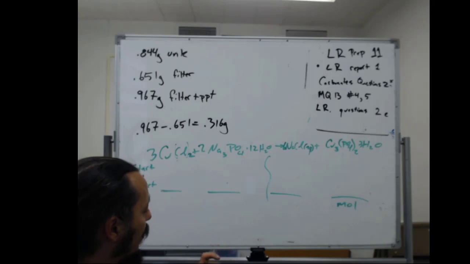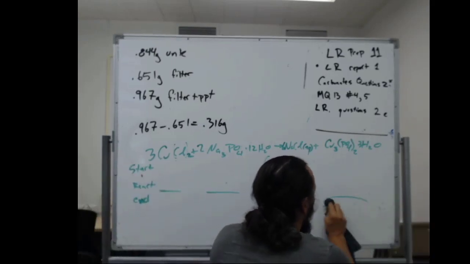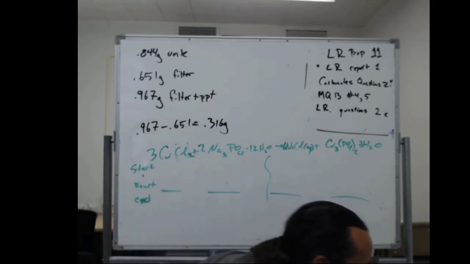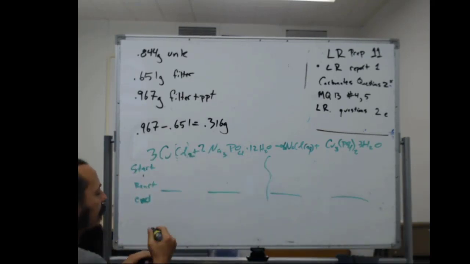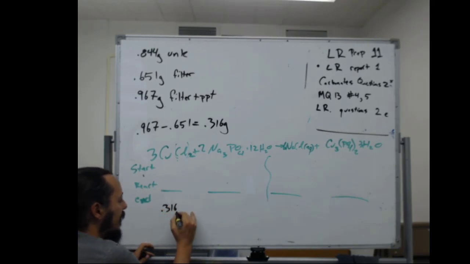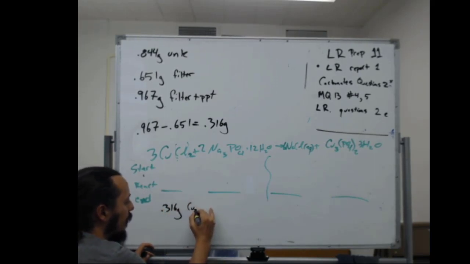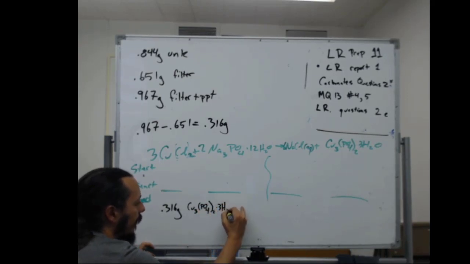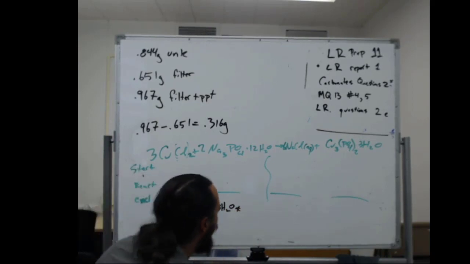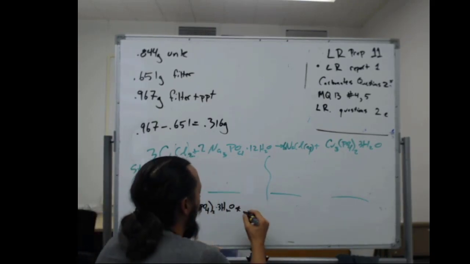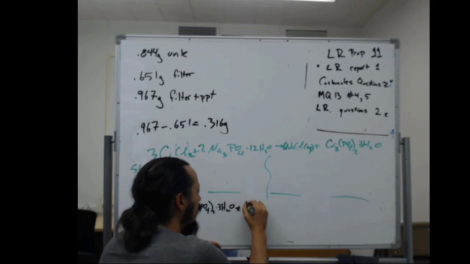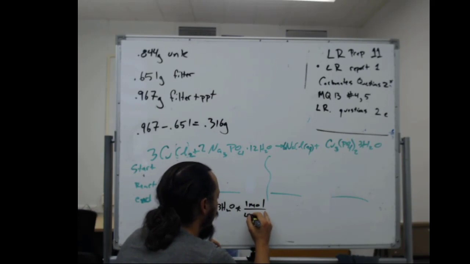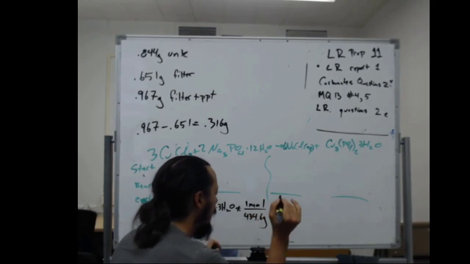I had 0.316 grams of my product made. And I'm going to just do the same type of logic we did last time. 0.316 grams, I'm going to multiply by the inverse of the molecular weight, which is 1 mole has 434.6 grams.